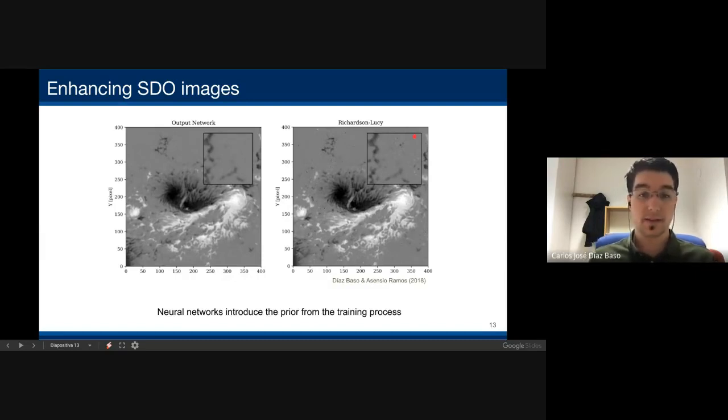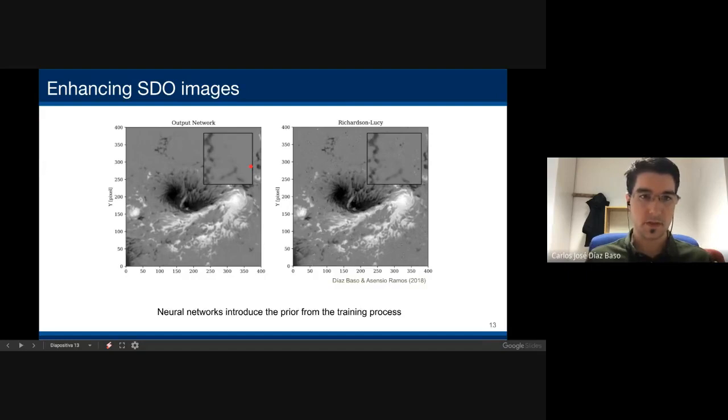However, in this case, the output of the neural network is not affected by this problem, not only because we used noise during the training, but also because the neural network is learning this prior during the training process.